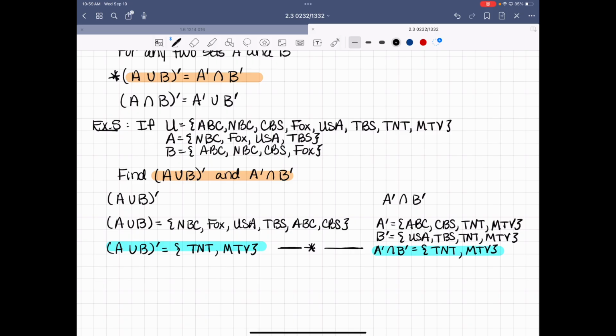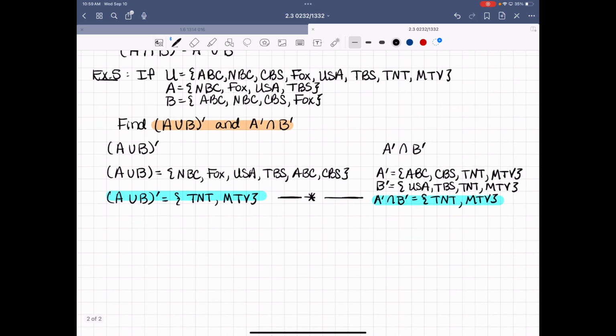All right, that was example 5, so that wasn't too bad. Let's do example 6, and it's going to use the same sets up here, our stations. You do not have to rewrite them, just make sure you can see them. Using the sets from example 5, we want to find A intersection B complement and A complement union B complement.